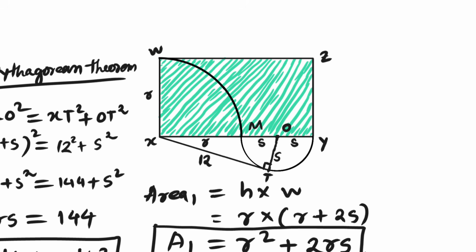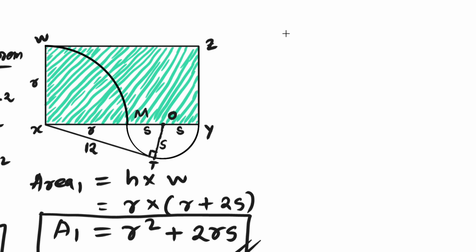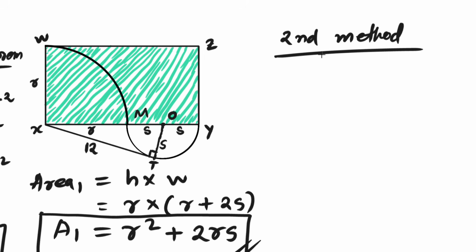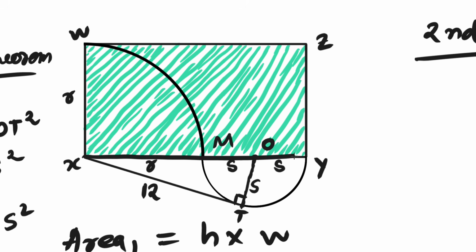Now let's also look at a second elegant approach, because it reaches the same answer even faster. Again, let the radius of the quarter circle be r, and the radius of the semicircle be s. We know that XT is a tangent segment of length 12. There is a famous theorem called the tangent secant theorem, sometimes known as the power of a point theorem.